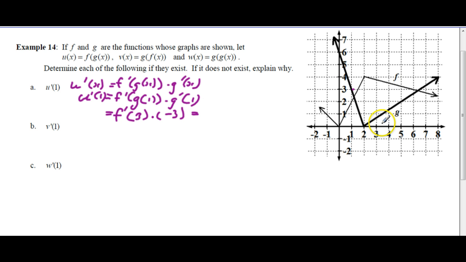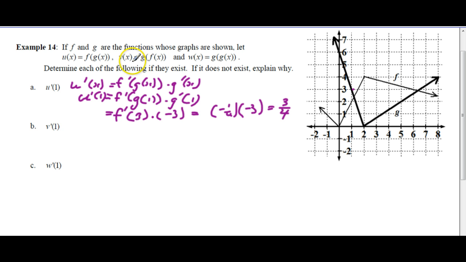So f prime of 3, that's the slope of this line, which is down 1, over 4, so negative 1/4 times negative 3, which will be 3/4.